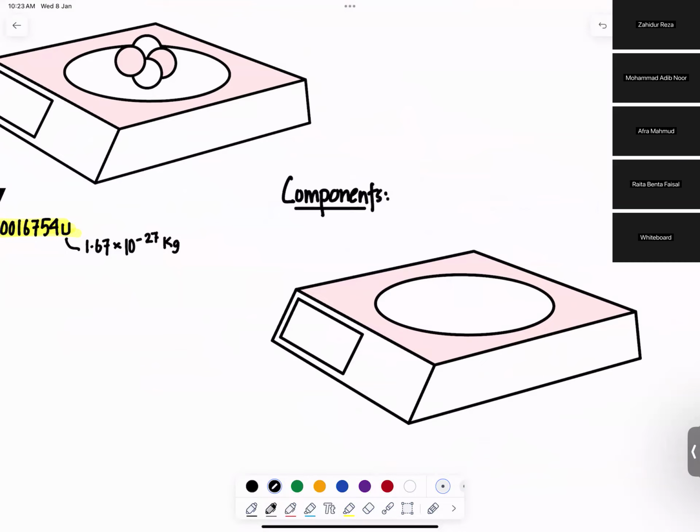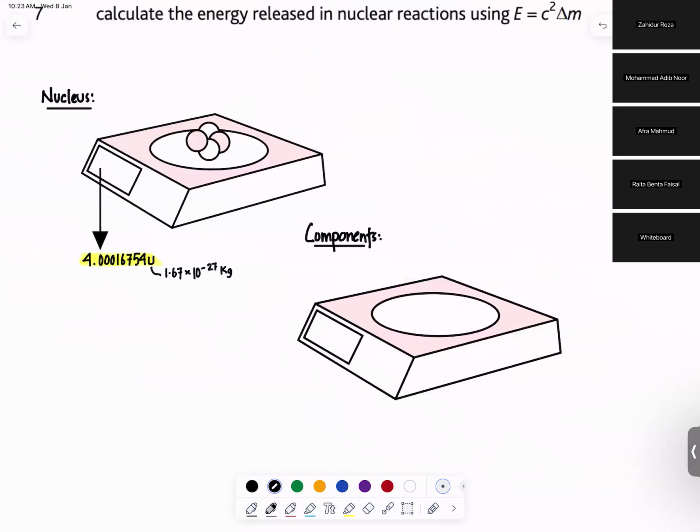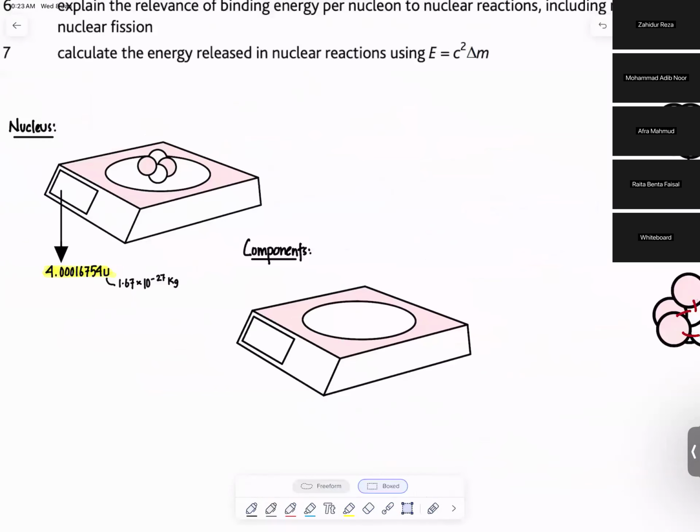So, how do you find the mass of the components? So what you do is you take what the nucleus is made up of. The nucleus is made up of two protons and two neutrons. Say আলাদা আলাদা করে দুইটা proton নিলা আর দুইটা neutron নিলা, and you place these two protons and two neutrons separately on the balance.